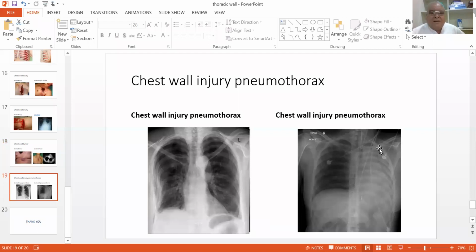So when there is a penetrating chest injury, air enters the chest, and it's called pneumothorax. So these are the clinical points: blood in the chest cavity is called hemothorax, air is pneumothorax.